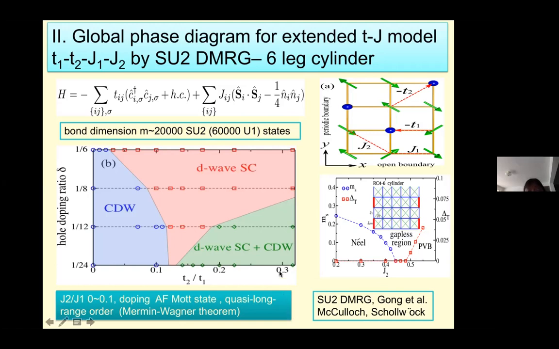Then we also have a coexisting phase, where the superconducting correlation remains power law and very strong, but the charge density correlation also has quasi-long-range order. Another thing is that in quasi-1D, we cannot really say these are different phases.